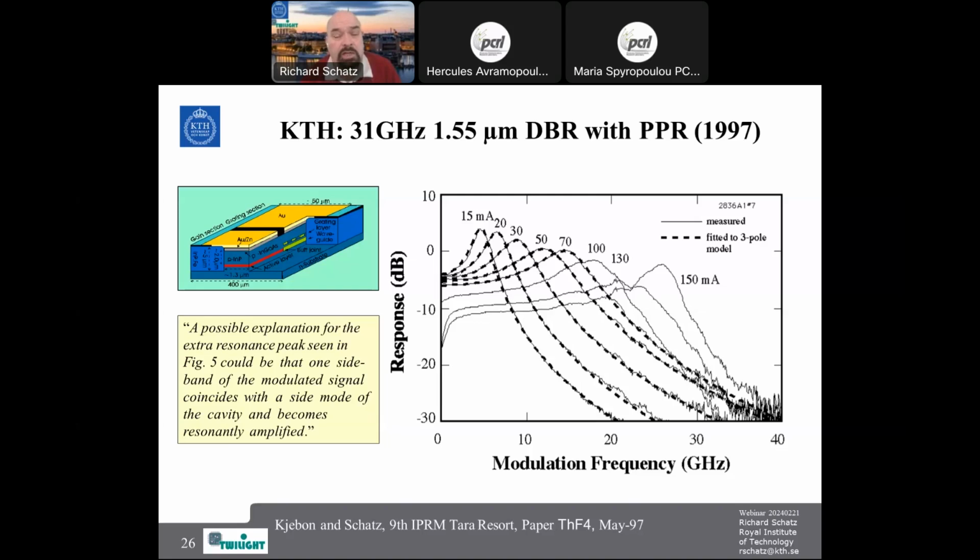If you have an intracavity modulator, you have a longer device and you have larger bandwidth, so it's easier to get this effect. Of course, then the benefit of the DML is lost a bit, because you still have the same fabrication complexity as an EML, so intracavity modulators are probably not so interesting commercially.